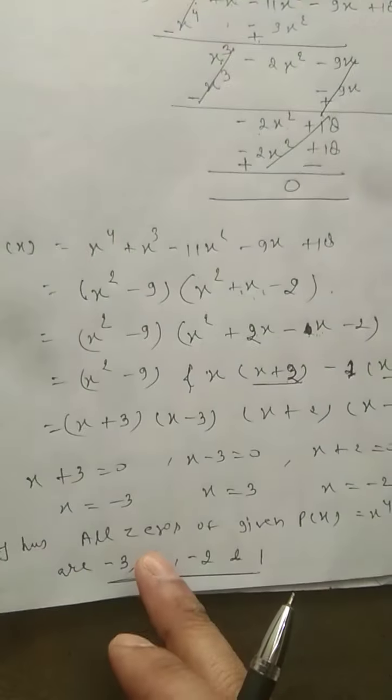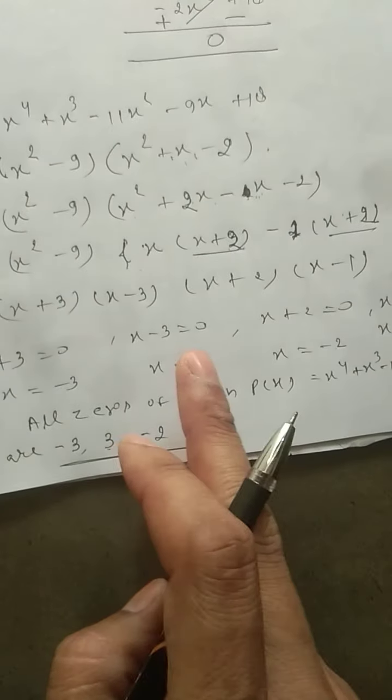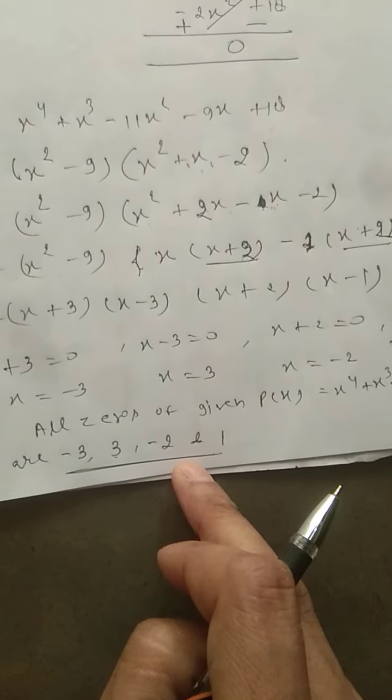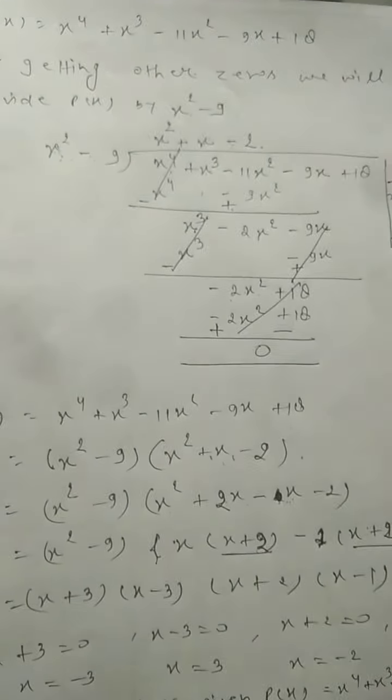This way I can get 4 zeros. Two zeros were already given, and after solving I got the 2 remaining zeros. So this way I can get all zeros of any polynomial. Thank you so much.